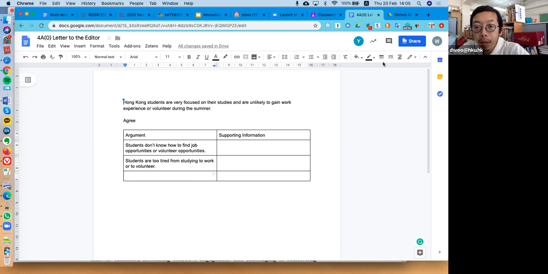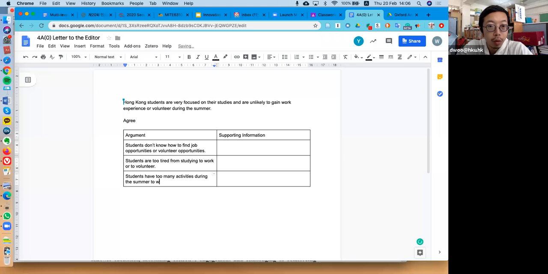Moon, Pensy, anything else? Oh yeah, Chloe, that's a good one. So Chloe suggested another one. Students have too, oh, Pensy has a good one too. Students have too many activities during the summer to work or to volunteer.